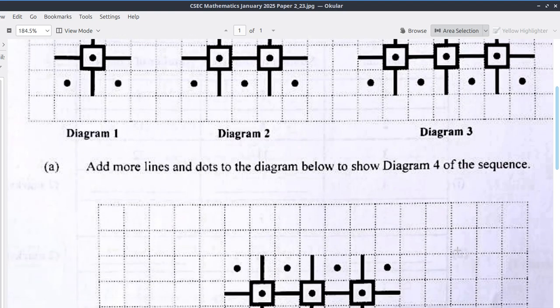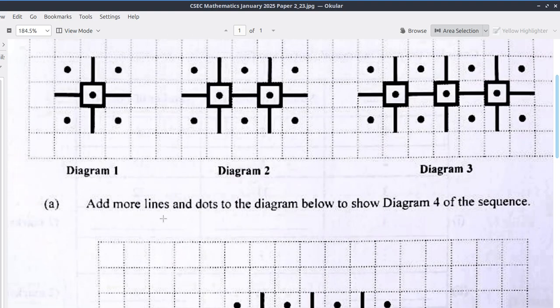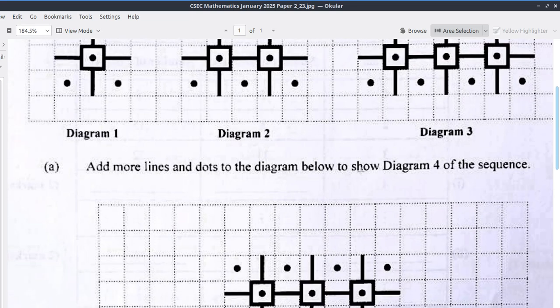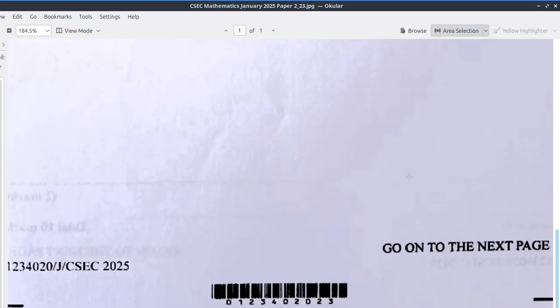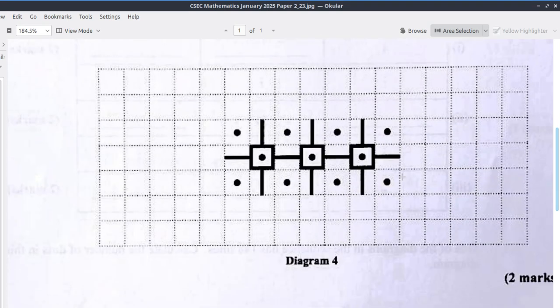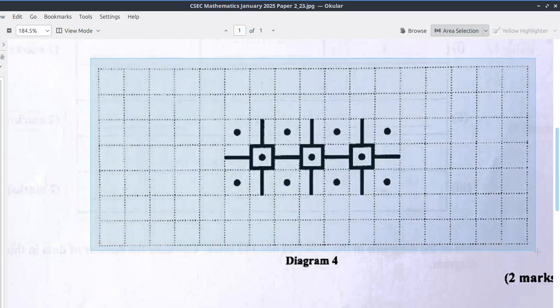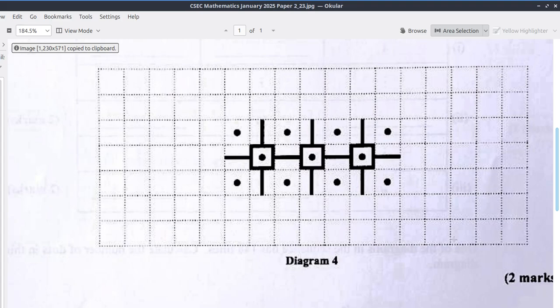It says here, this is diagram 3 repeated, but it says add more lines and dots to the diagram below to show diagram 4 of the sequence. Let's copy this, paste it over here.